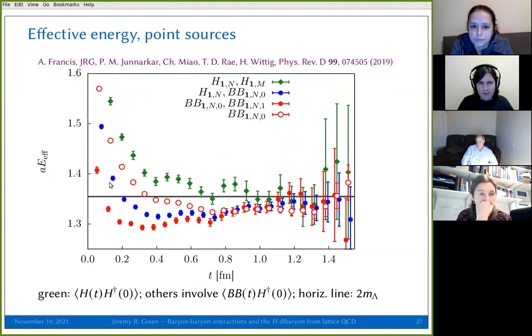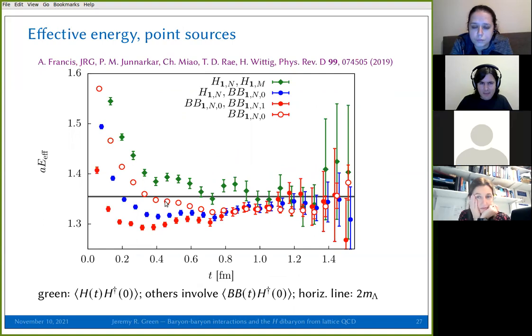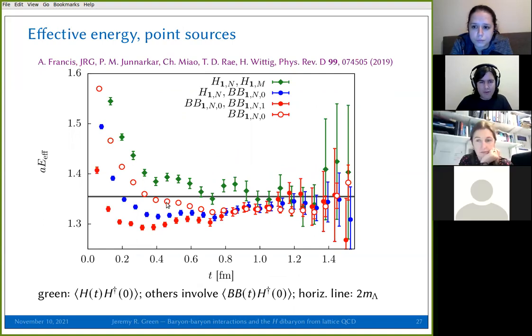Unfortunately, we didn't have a plot showing precisely that comparison. Distillation gives much smaller errors, and in terms of where the plateau is reached, it's somewhere around 0.8 Fermi. It's similar to these wide open points, but it's more precise, and I think it's a little bit flatter.